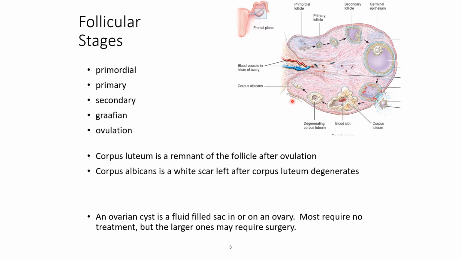These cysts usually don't prevent any events in the cortex, so unless the cysts are incredibly large, they are not treated, they're left in place. Ovarian cysts are nothing else but a blister on the germinal epithelium, the ovarian epithelium.